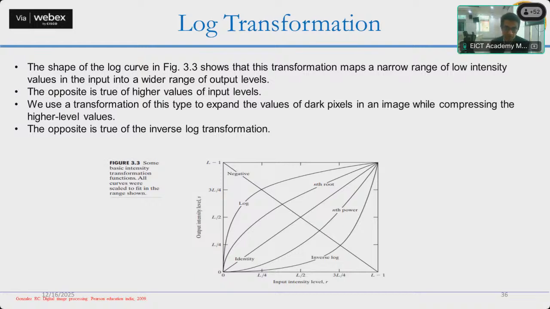Now coming to the log transformation. What is happening in the log transformation? Earlier we have seen the normal transformation.